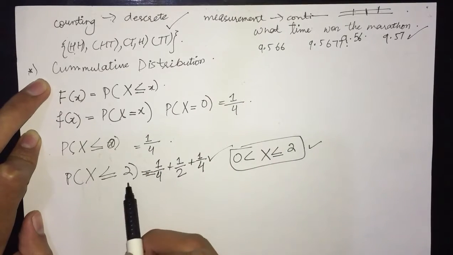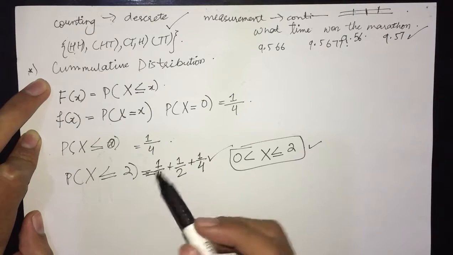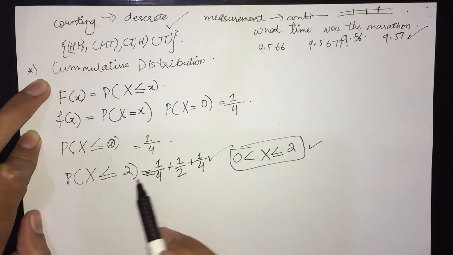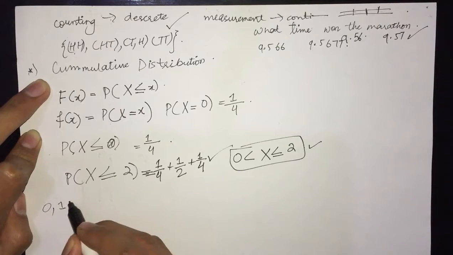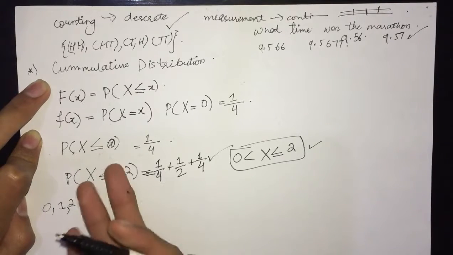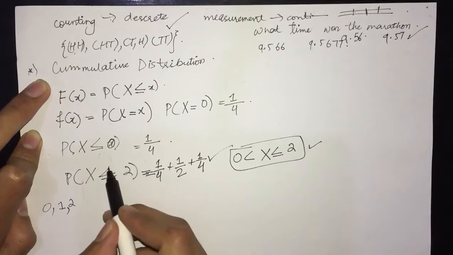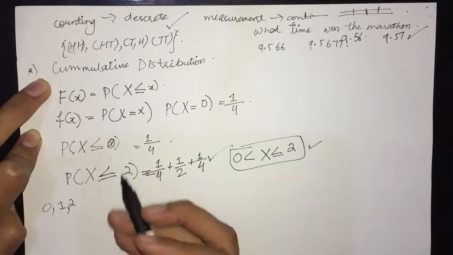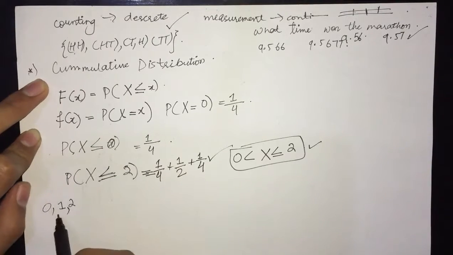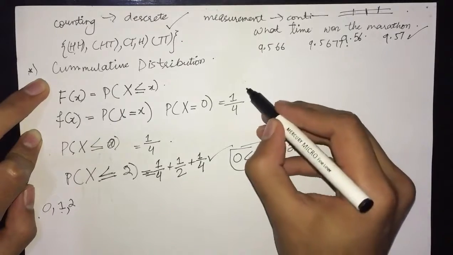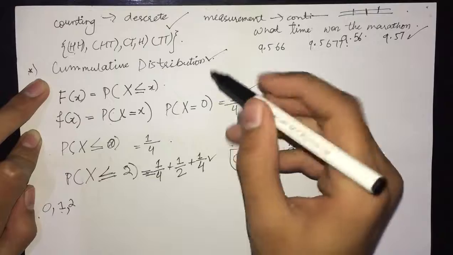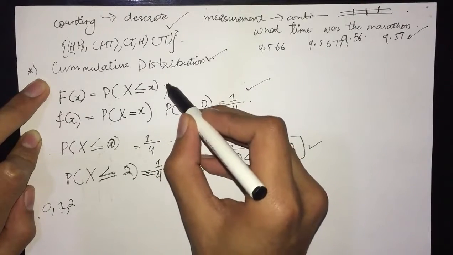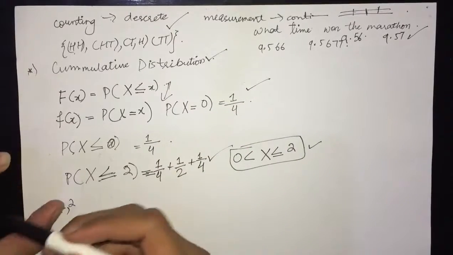So it is going to give you the probability of 2, and also of 1 and 0. So 0, 1 and 2, because it also points towards the lesser numbers. So this was the cumulative distribution function.